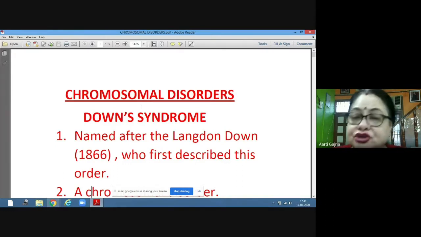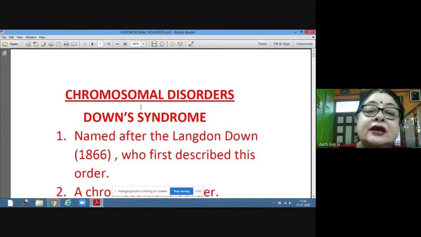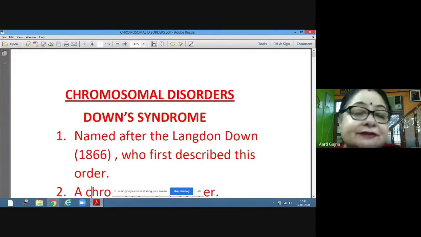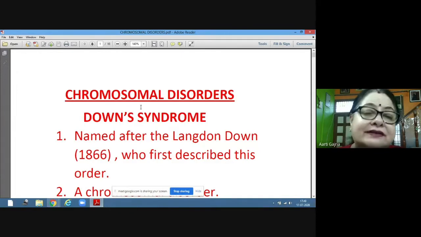The morphology can be changed, the number can be changed, and if the sets or numbers are changing, there are different terms. If the total set is changing, polyploidy can occur. But polyploidy is very rare in animals. It is common in plants. So today we will see the chromosomal disorders in human beings.